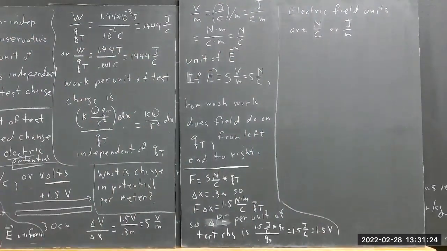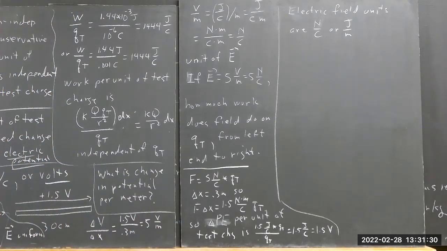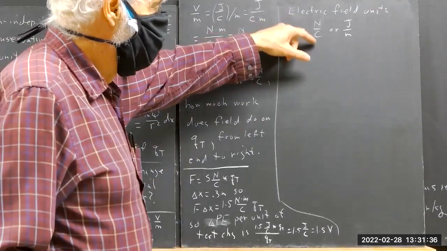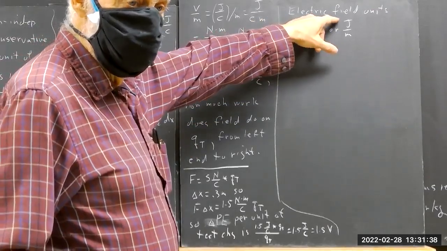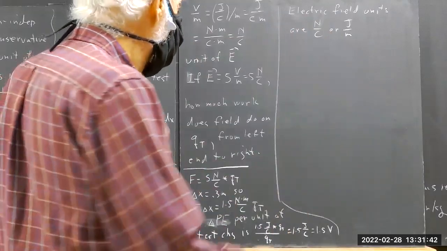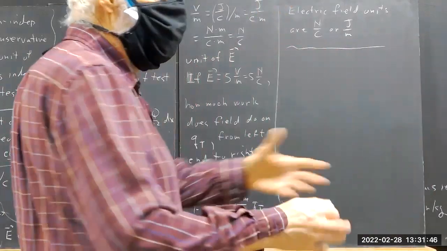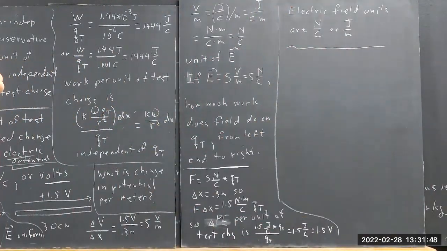The electric field tells you how many joules you have per meter, and tells you how many newtons you have per coulomb. This gives you the force per unit of charge. This is the work per unit of distance done by that force.